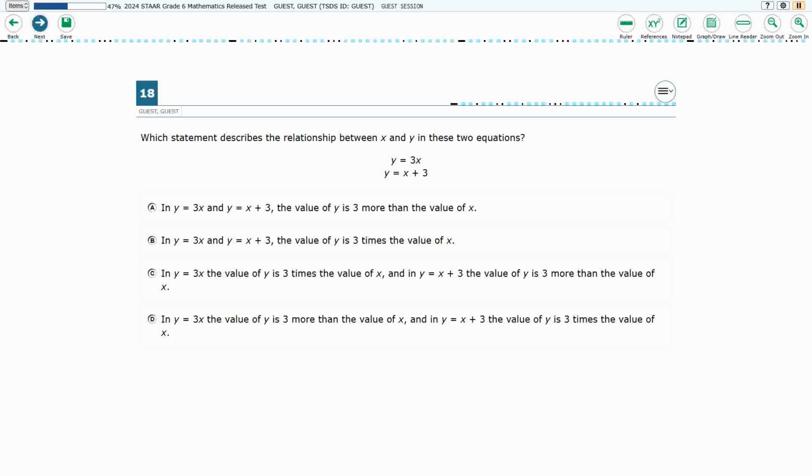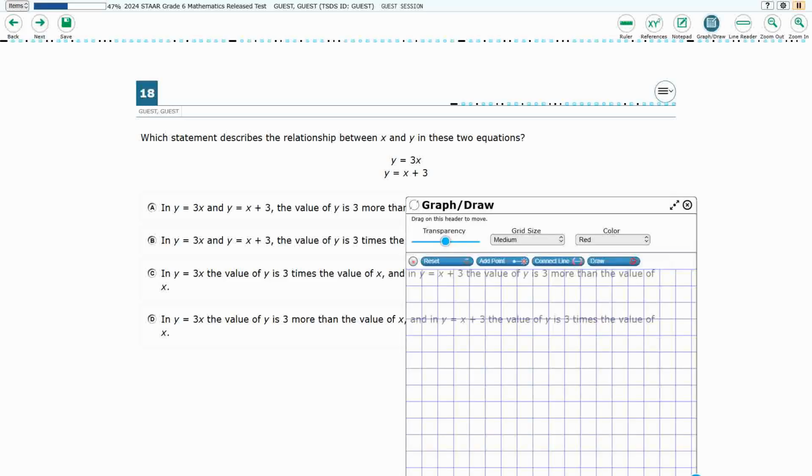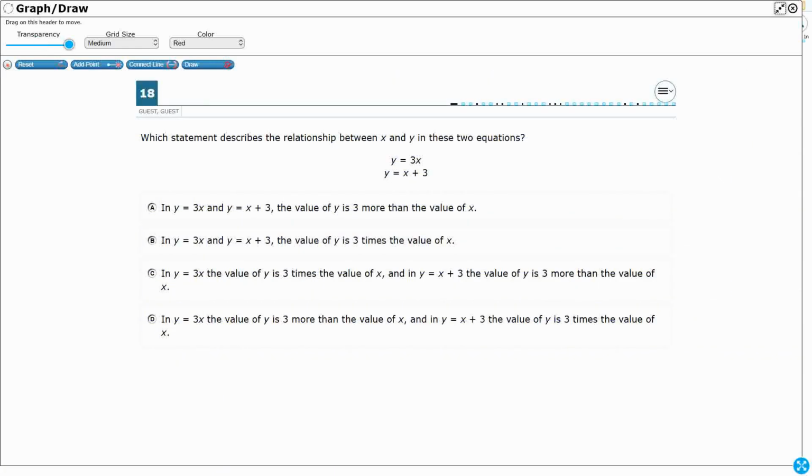For number 18, we are looking at additive and multiplicative relationships. 6.4a is our standard. And you notice we got a whole lot of words. So it's one where we're not necessarily calculating, we're describing the relationship. So I've got y equals 3x and then y equals x plus 3. And we're literally just trying to describe what's the difference.